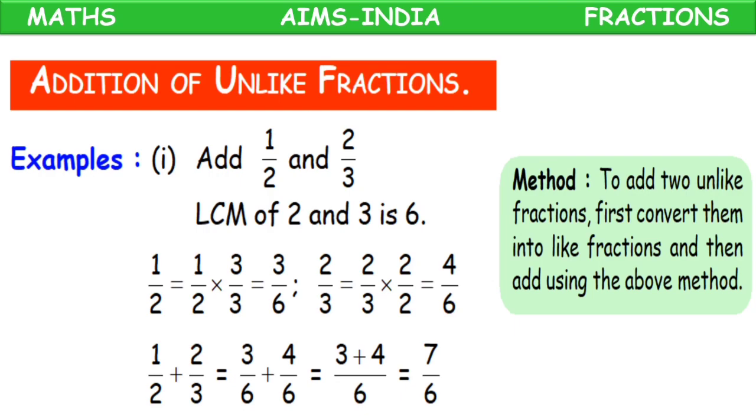Now what is the question here? Add 1 by 2 and 2 by 3. 1 by 2 plus 2 by 3. What are the denominators here, children? 2 and 3 are our denominators. We should find out the LCM, that is the least common multiple.